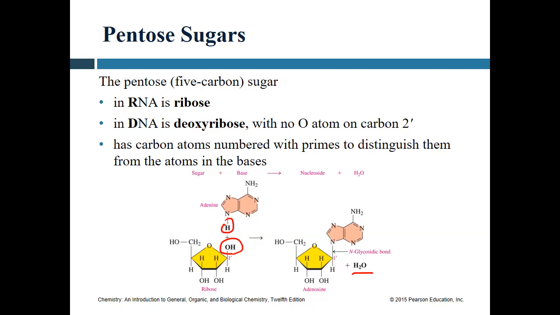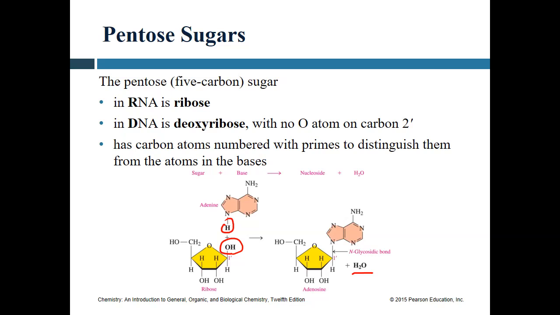Since we're dealing with a sugar reaction, this is why it's called a glycosidic bond. Again, deriving itself from the carbohydrate base, which is similar to the kinds of linkages that we saw when we were talking about carbohydrates specifically.